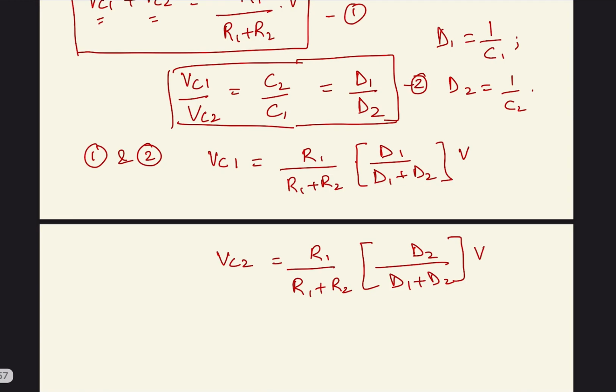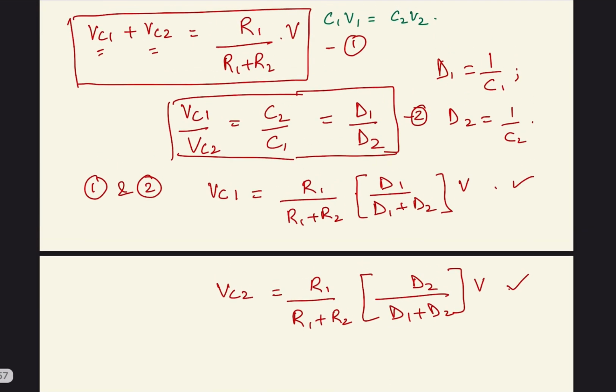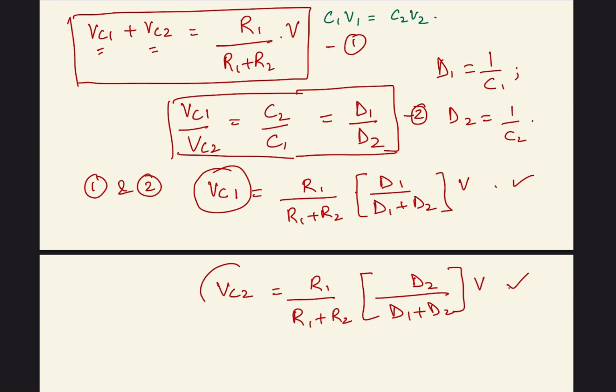You can just do some math and you will easily be able to show this. Okay, so this is the voltage to which capacitors C1 and C2 will be charged before switching. Always remember which switching instant you are trying to see.